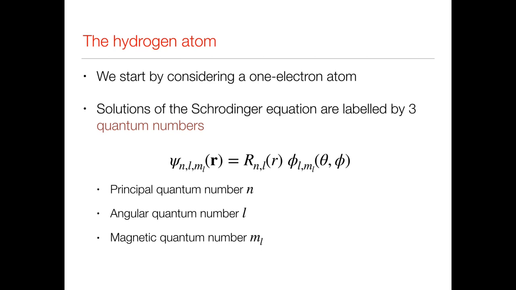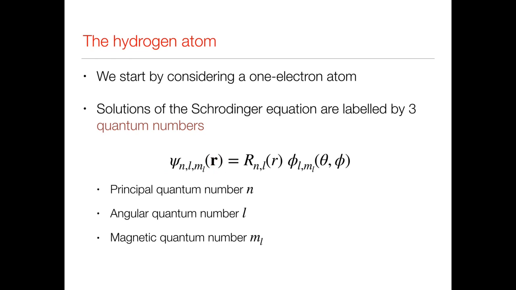So solutions of the Schrödinger equation for the hydrogen atom will be labeled by 3 quantum numbers. Okay, so we will look for solutions that are separable. So here I've got my general wave function, which is a function of r, which is the position in 3D space.